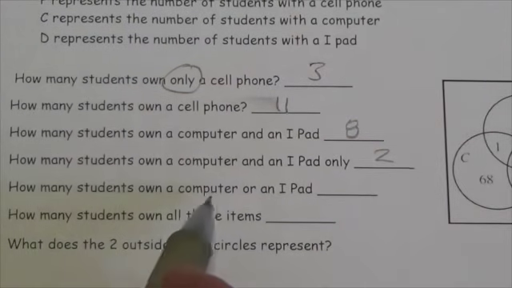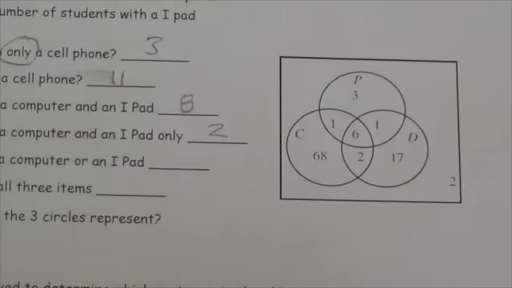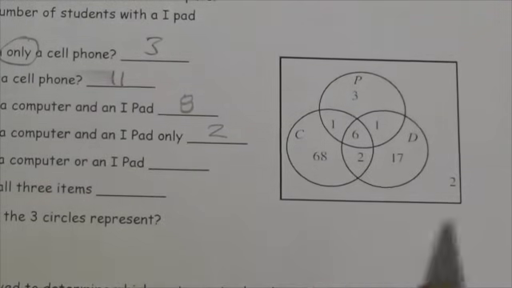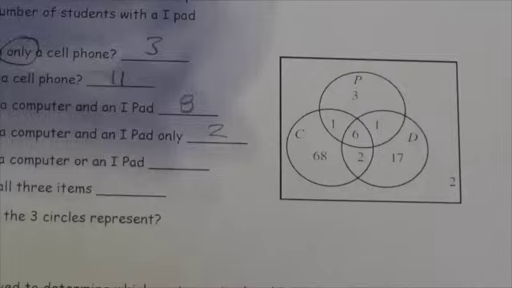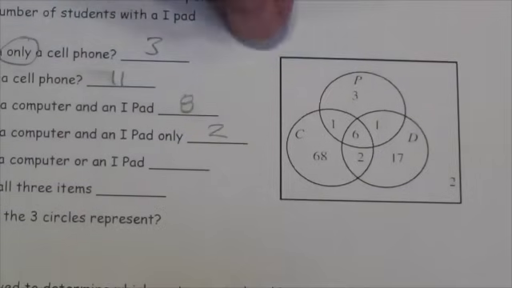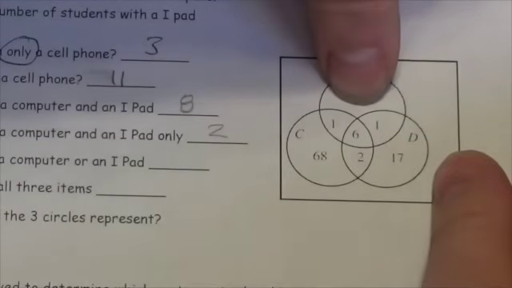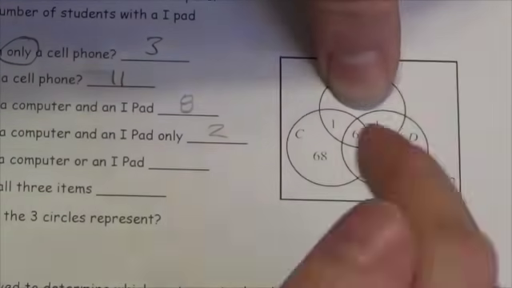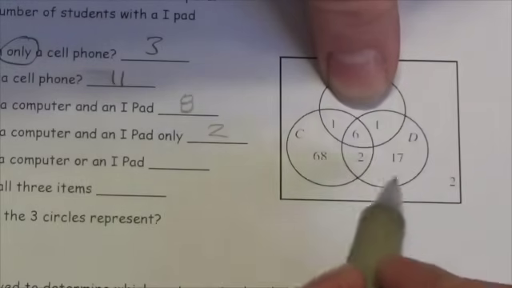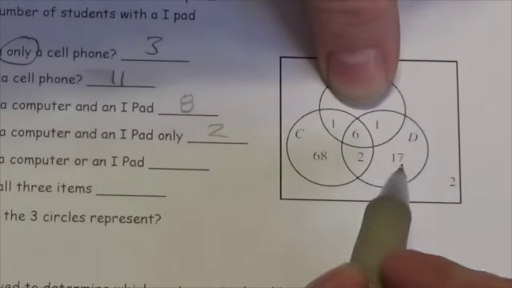How many students own a computer or an iPad? Now, or refers to the union of those two sets here. So the only parts I don't care about are the number of students that own only a cell phone, and the ones out here that don't own anything. In the union of these sets, I'm looking to add up all of these numbers right here.